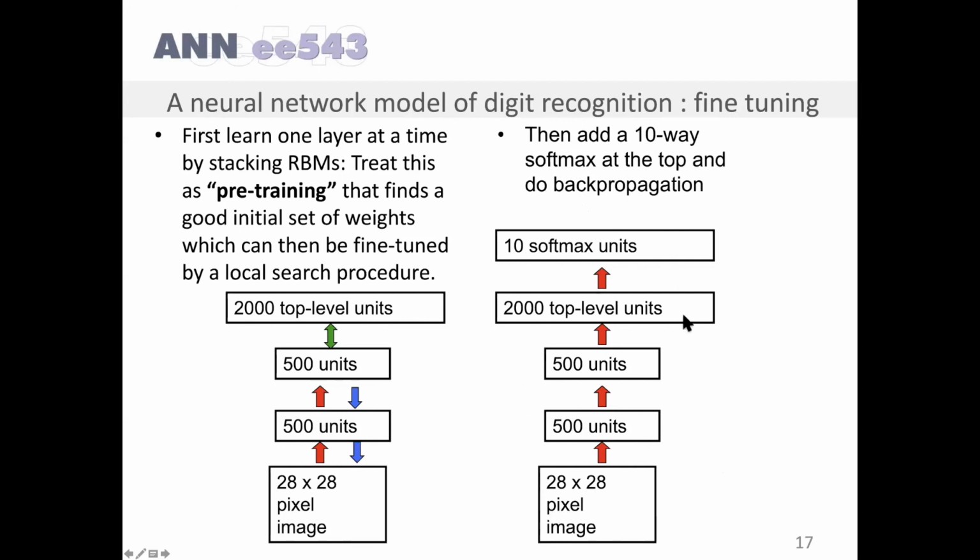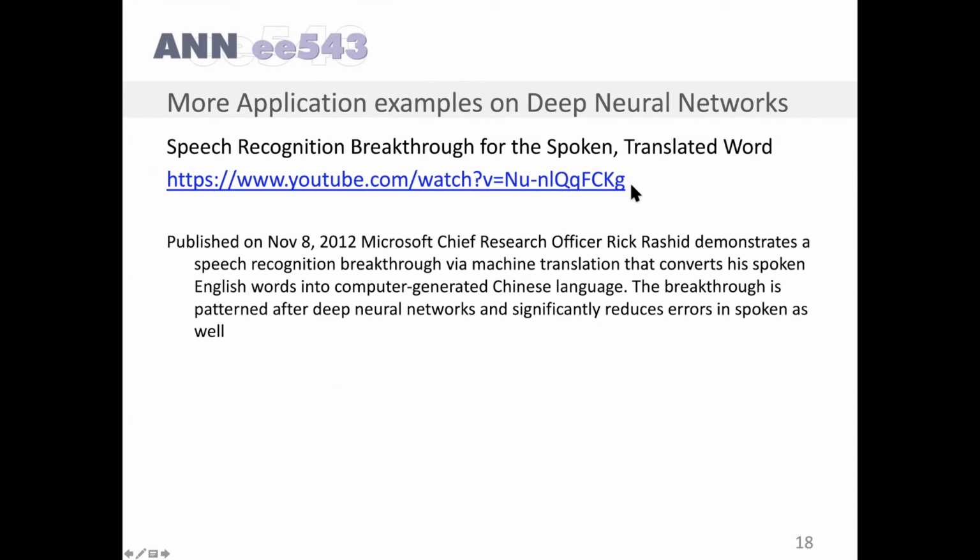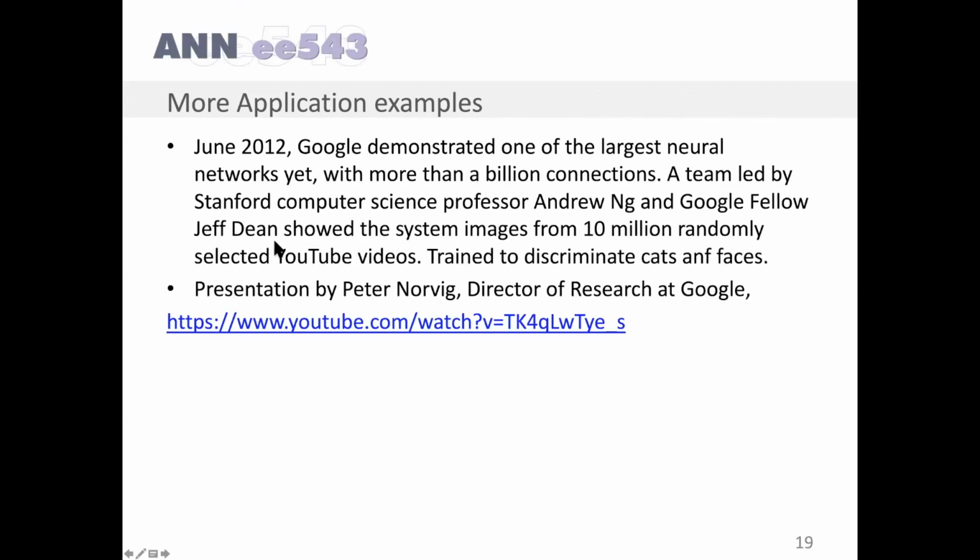So this becomes a feed-forward network which is initialized by the connection weights determined by training the deep Boltzmann machine layer by layer. Some applications using deep Boltzmann machines on speech recognition can be found at this address, and also another one trained to discriminate cats and faces can be found at this address.